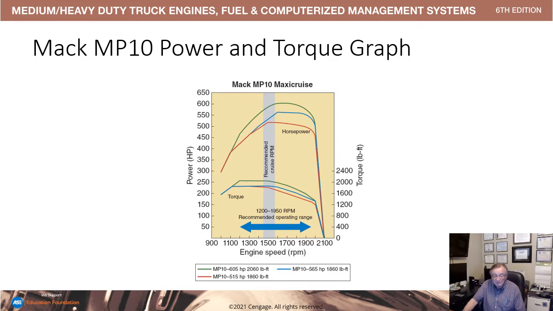And you see that the green line, the MP10 605 horsepower, produces more torque and it falls off a little bit later. But all three of them are producing their maximum torque in the range of 1500 RPMs at the torque rise, and you see that it falls off quickly, and horsepower will continue to rise over time.